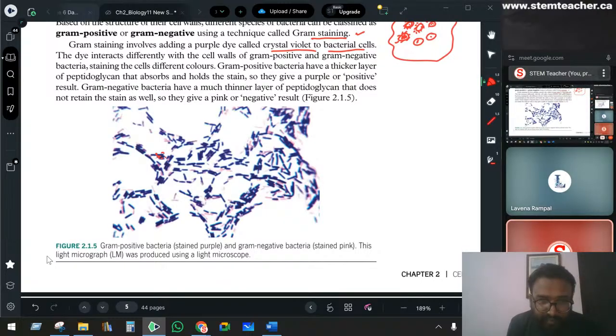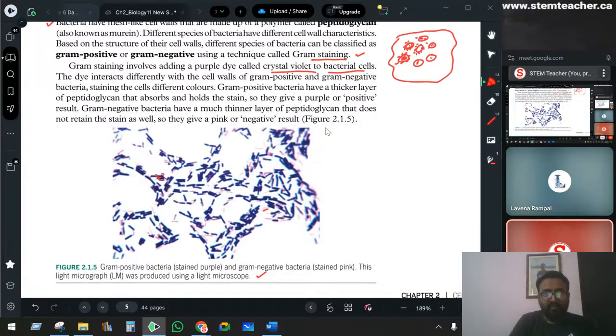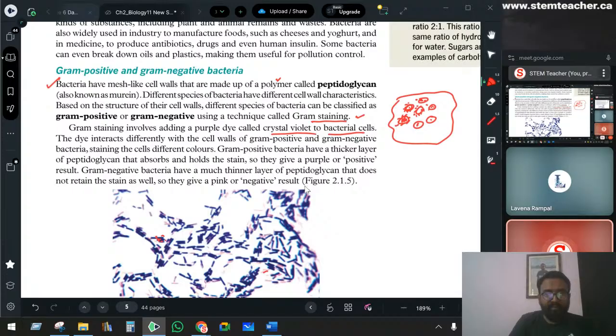There are pink bacteria and purple bacteria. This is a light micrograph produced with a light microscope. We have to understand that. Depending on the color we can define them: gram-positive is blue, and gram-negative is pink. So this is how we separate them.